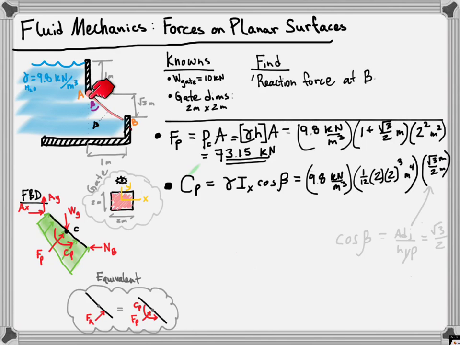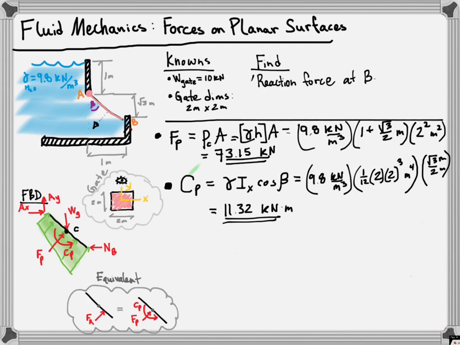Okay, and the adjacent side is just going to be this vertical leg, and the hypotenuse is right here. We know the hypotenuse is 2, and we know that this is going to be √3 for that vertical leg right here. So over here, hopefully you can appreciate how we can just substitute in, instead of cosine of an angle, we can say, hey, it's the ratio of two sides of a triangle. And we get 11.32 kilonewton meters.